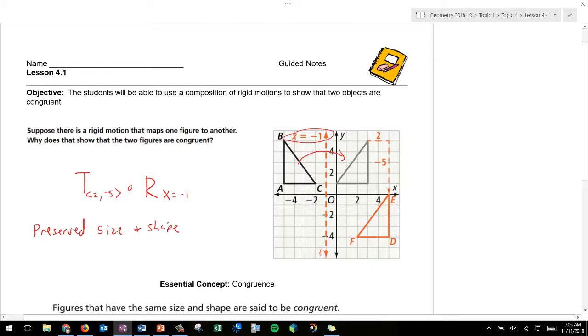Well, we said that congruence means that they're the same, that the figures are the same. We said that the lines or whatever we were talking about were exactly the same. Well, we didn't change the figure in either of those motions. They were rigid motions. So it preserved the size and the shape. In other words, we were doing congruence transformations. We were just moving a figure, but we weren't changing the figure, so it was staying congruent.